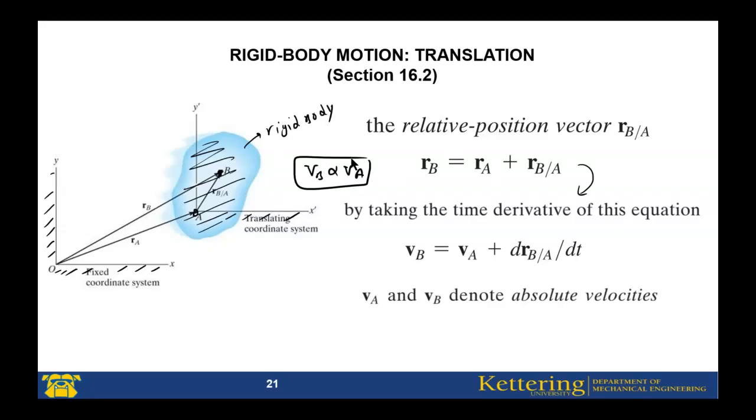Now, my question for you. What do you think about this term? The change of the relative position of A and B for a rigid body with respect to time. How much is this term, or what is this term called?